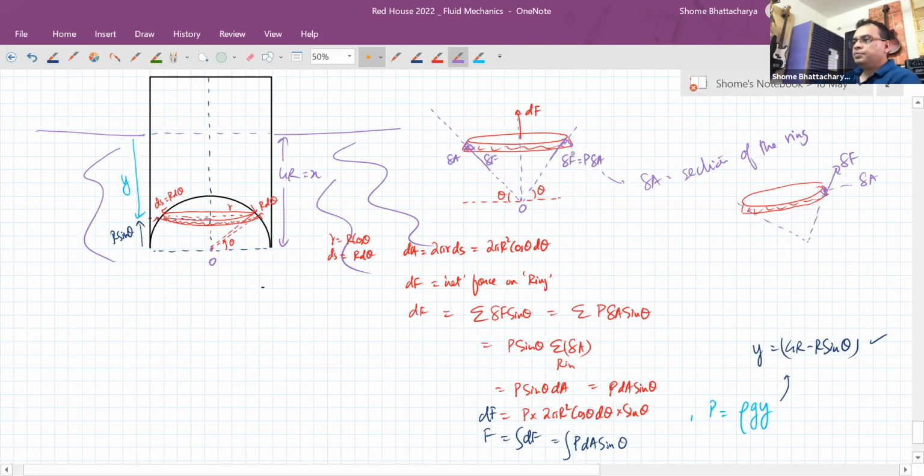When you consider a pair of these del A's which are diametrically opposite, you can see that the sine component of the forces will add vertically upward, but the cos components will cancel. So that's why the net force on the ring ultimately doesn't come out to be pressure into area, but it comes out to be pressure into area into sine component, because the cos components of all those forces are cancelling.